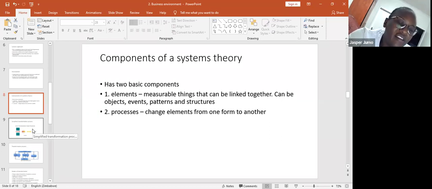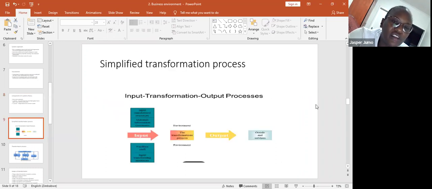So within a systems theory, there is transformation that takes place. Transformation is when you change one element from one form to another. And the transformation process, if you are putting it in a simple way, is according to that diagram there.